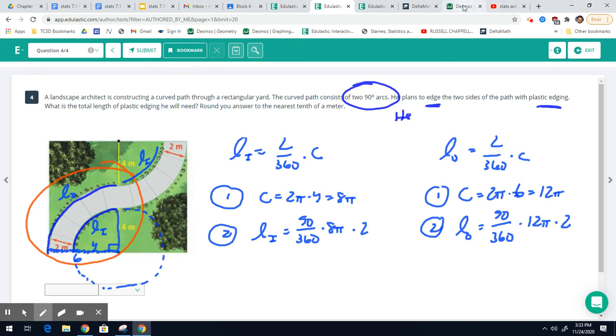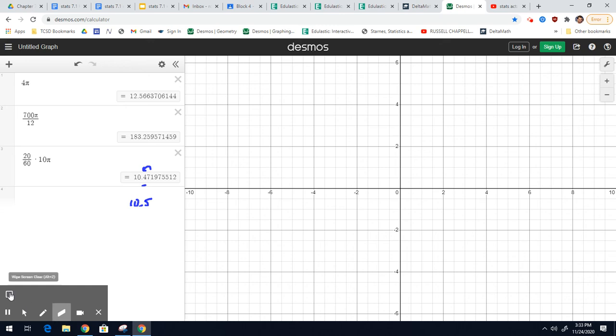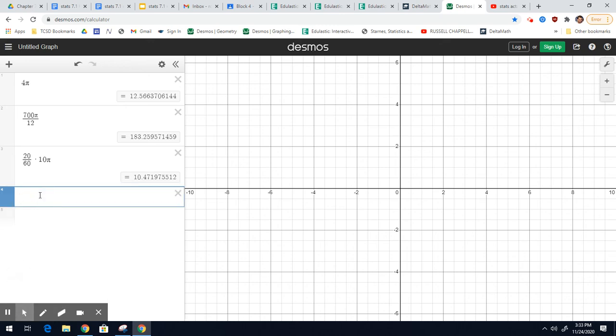All right, so we're going to add all that together. 90 divided by 360 times 8 pi times 2. 8 times 2 is 16 pi. Plus 90 divided by 360 times 12 pi times 2.